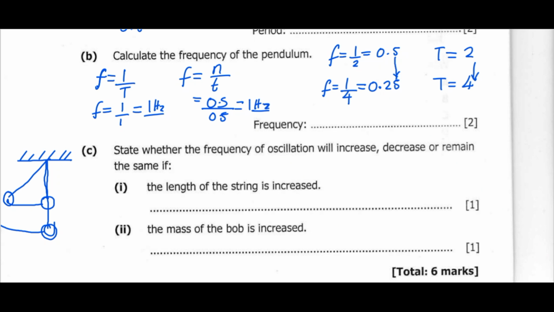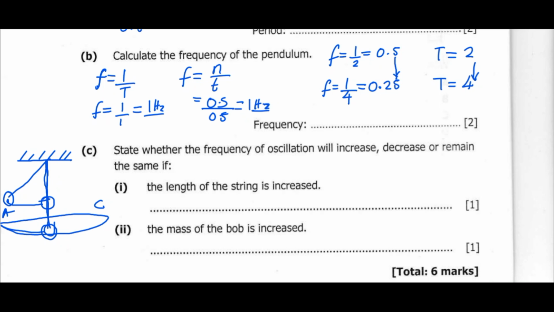So let's go back to this diagram. Between these two arrangements, which one will take longer to move from point A to C and back to A? The one with the longer length will take more time to move from this point up to here, then back to here.